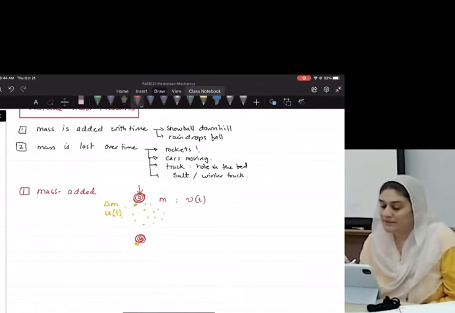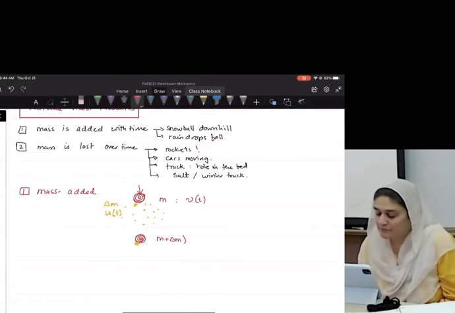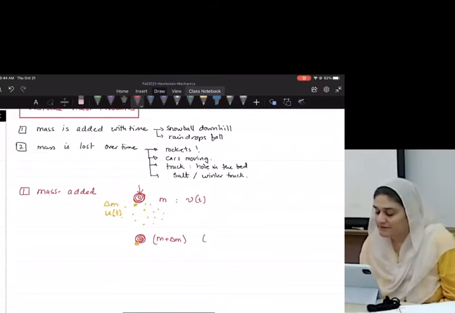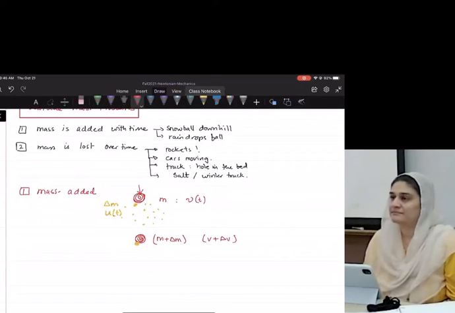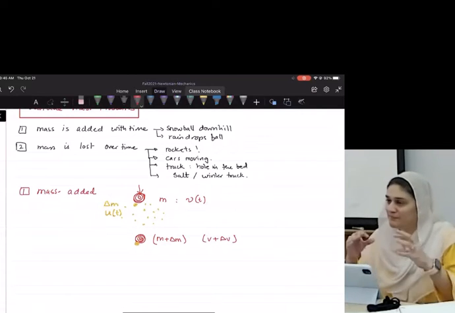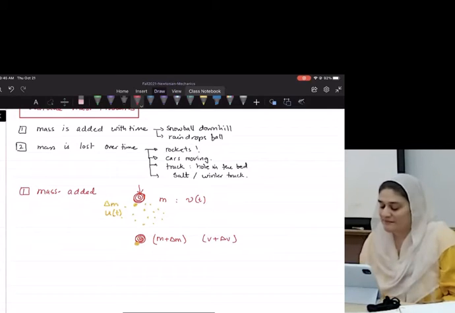Then may I write at the final instant M plus delta M for its mass? And may I also write V plus delta V for its velocity? So some other velocity, right? It picked up one magically out of the suspended, and that's what we have.